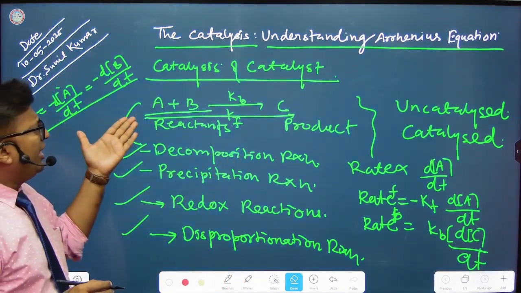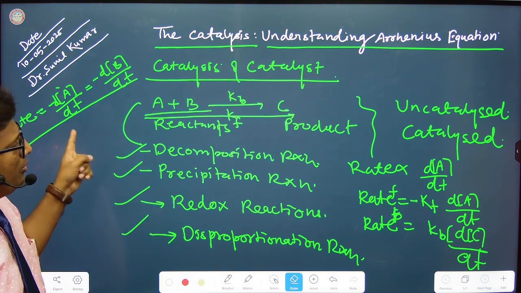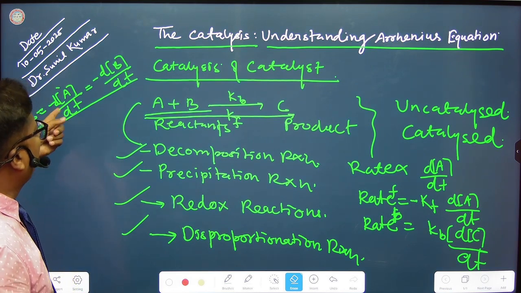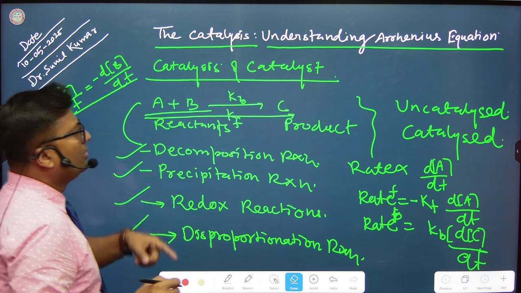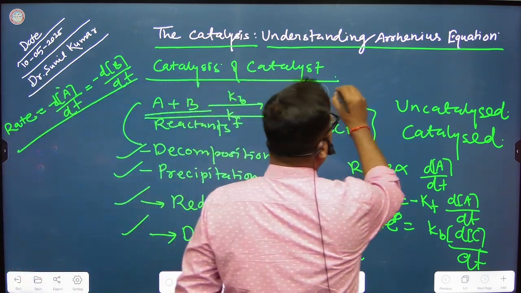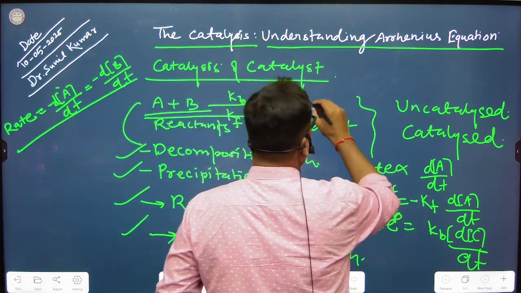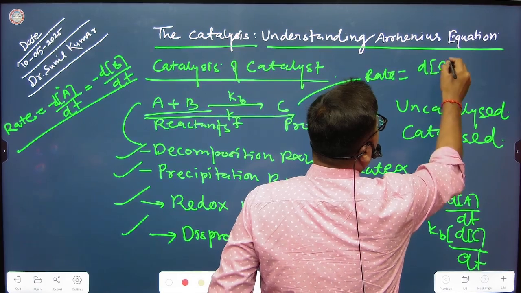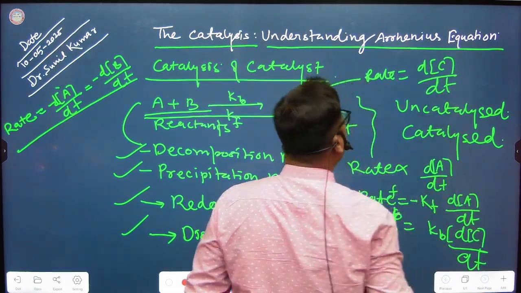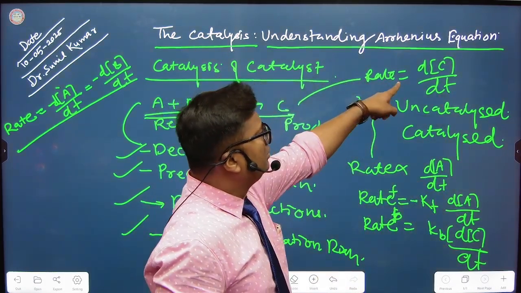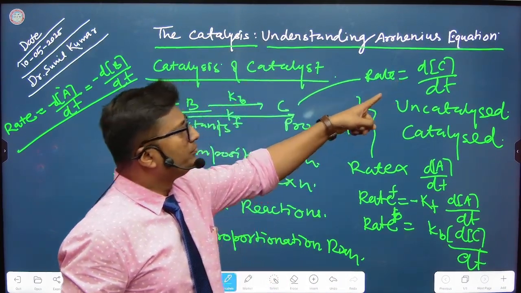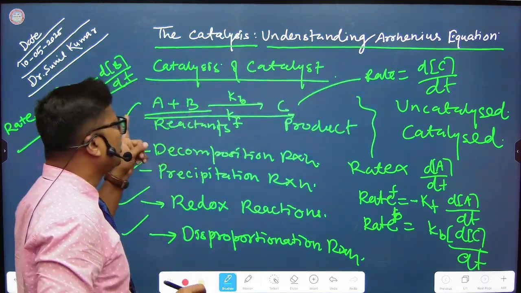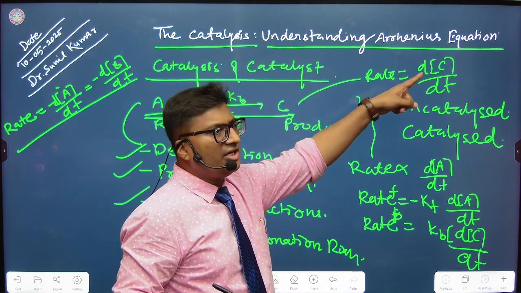So for the reactants in a forward reaction, the rate is defined like that, and for the product, the rate is defined as dC upon dt, right? Here the positive sign indicates that after the passage of time, the concentration of C is increasing.